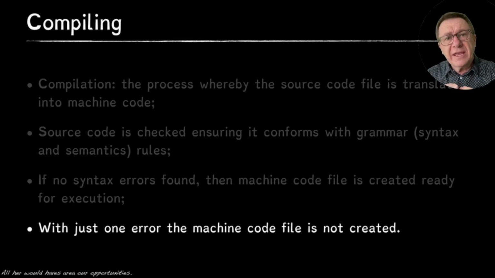Interpretation, we run the code, and it's executed line by line as it goes. And it means that when it's interpreted, sometimes things can partially run because it hits an error later on. When we compile, the program has to be syntactically correct to compile, and then it fully compiles.